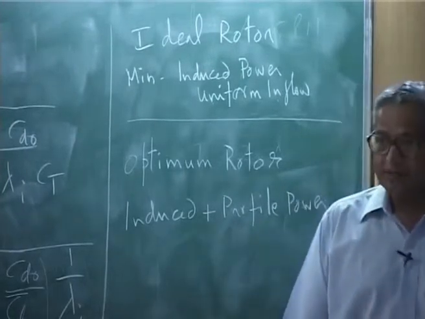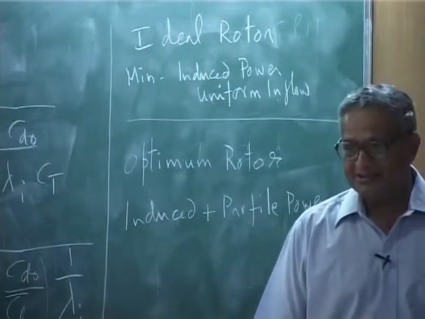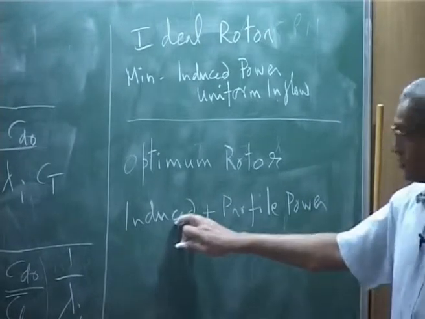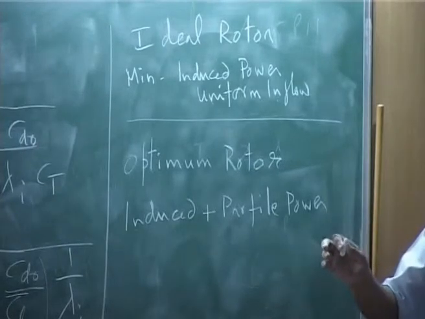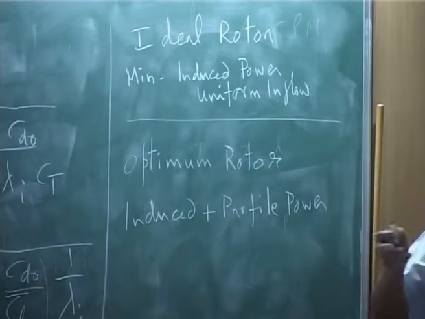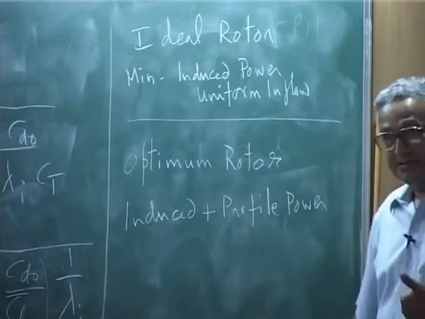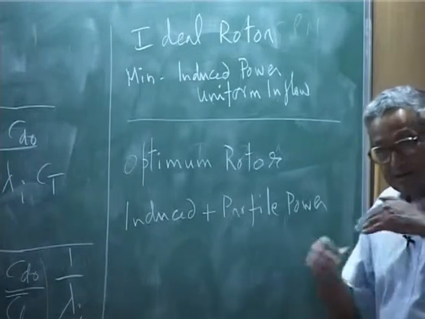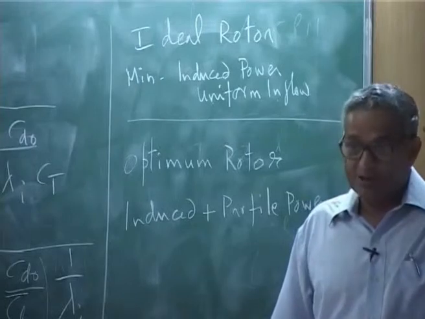Okay, you have both of them, and optimum is one which should bring down both. That means one requires nice twist, in the sense of ideal twist, but for profile power you want the power to be minimum but generate good lift.